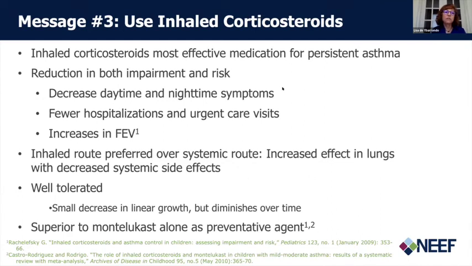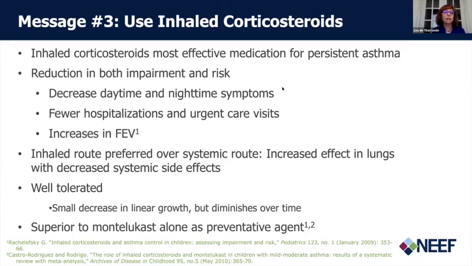So message number 3 is using an inhaled corticosteroid. Once you have determined if this child has a specific severity, so say they have mild or moderate or severe persistent asthma, then inhaled corticosteroid is going to be the first line medication for control. It is the standard of care, as it is the most effective medication for persistent asthma of mild, moderate, or severe.